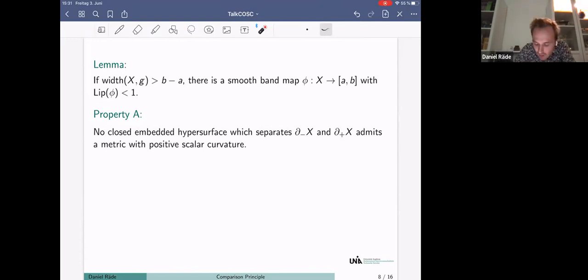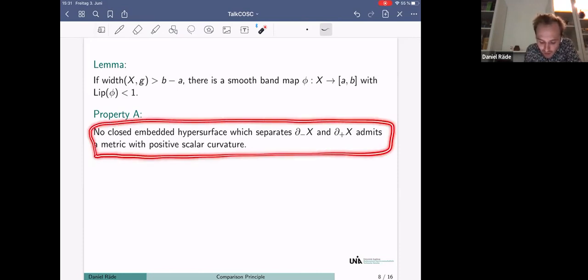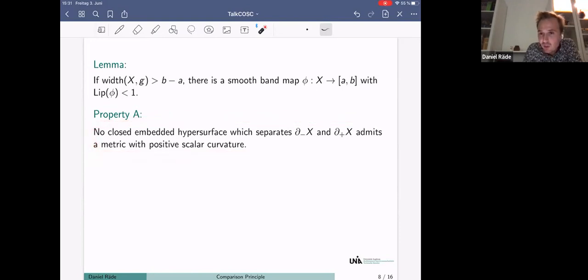Okay, and then I already told you that we split the problem in 2 parts. One is a metric part, find conditions on g, and the other part is a topological part. And to write down the most general metric result, I would, for now, black box the topological part, which was that on a band, no closed embedded hypersurface which separates the 2 ends should admit PSC, right?